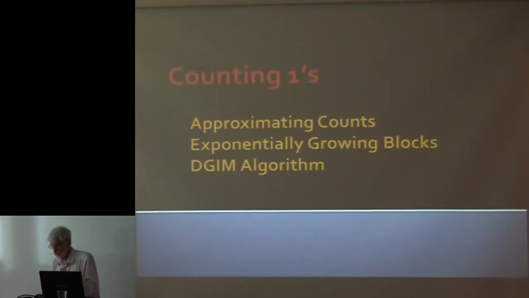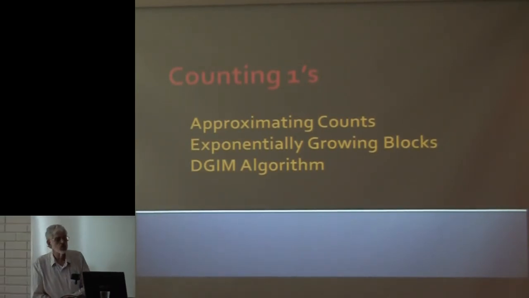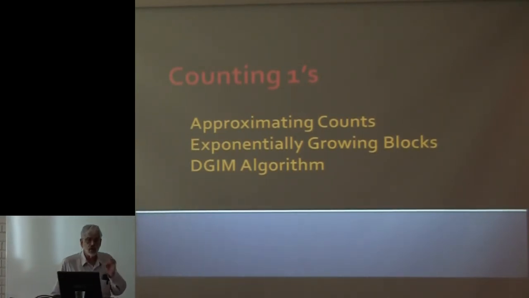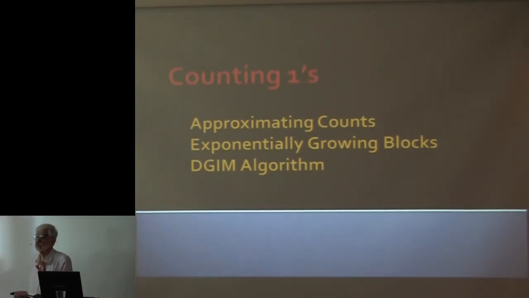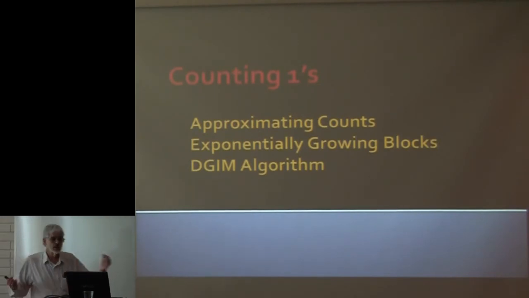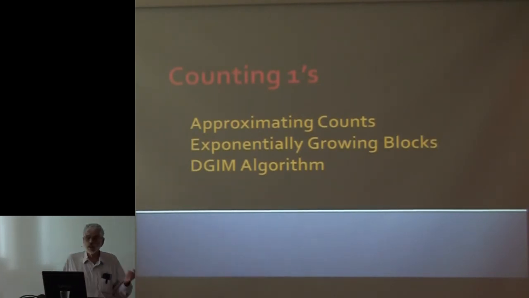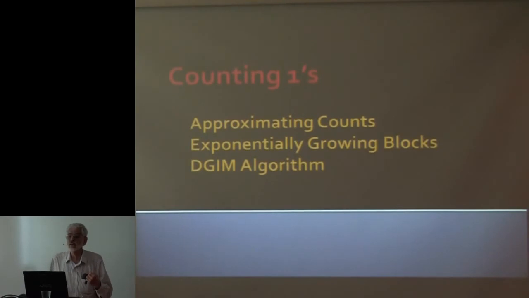The goal of this algorithm is to count the ones in a binary stream, and it uses much less space than the length of the window. What you pay for that is that you don't get an exact answer.